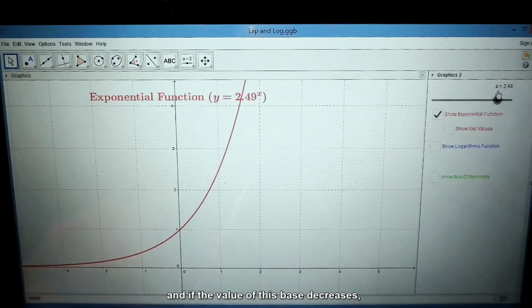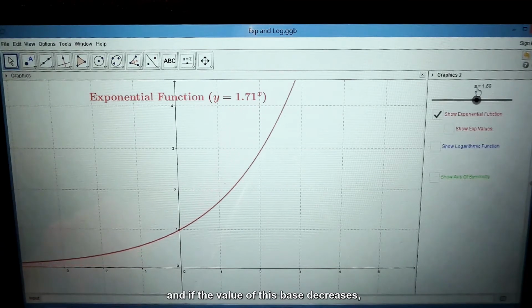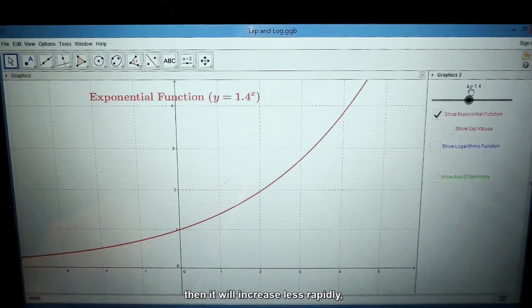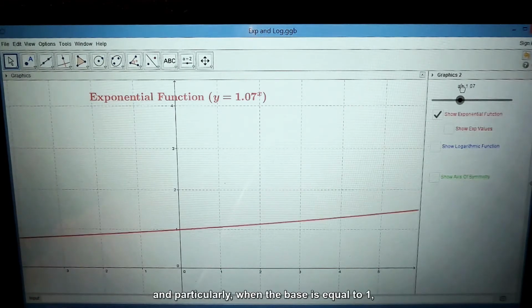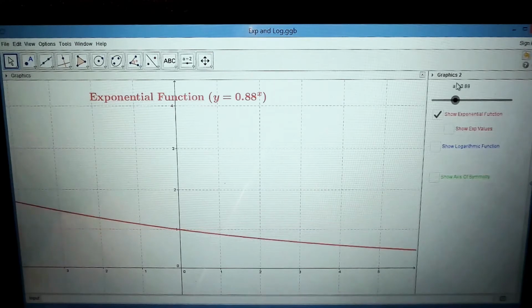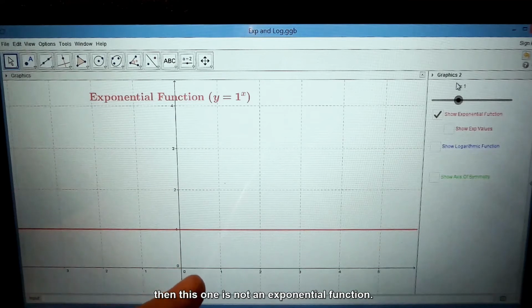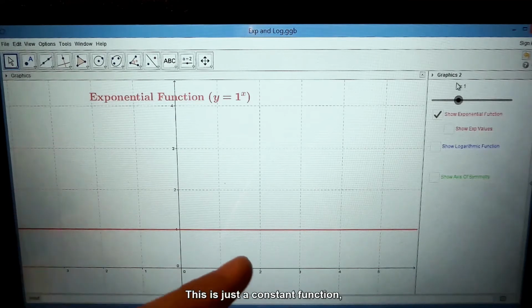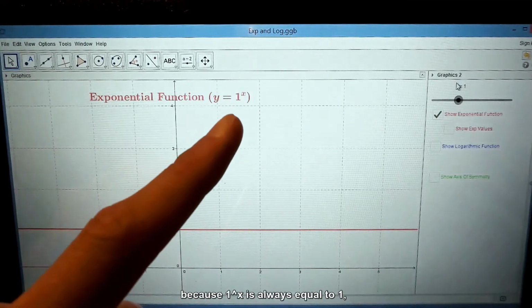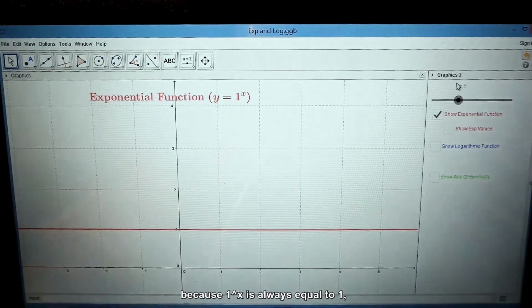And if the value of this base decreases, then it will increase less rapidly. And particularly when the base is equal to 1, like this, then this one is not an exponential function. This is just a constant function because 1 to the power x is always equal to 1.